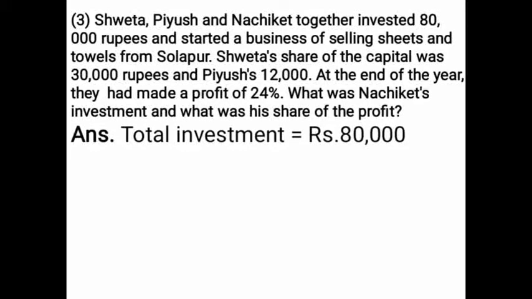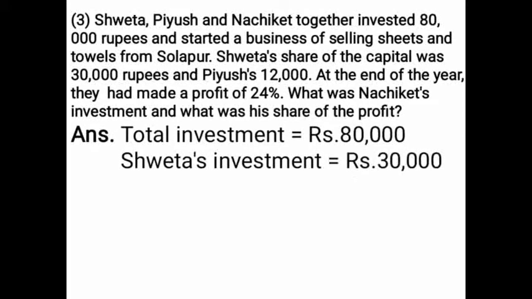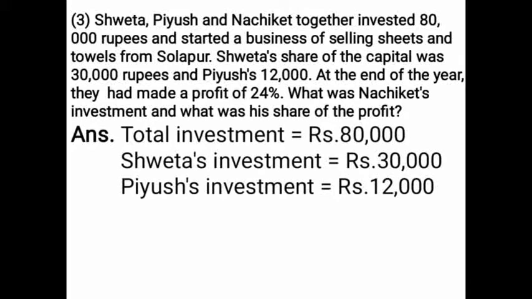Shweta's share of the capital was 30,000 rupees and Piyush share of the capital was 12,000 rupees, which means Shweta's investment and Piyush investment. So next statement, Shweta's investment is equal to rupees 30,000. Piyush investment is equal to rupees 12,000.